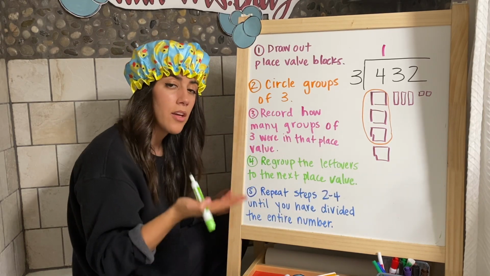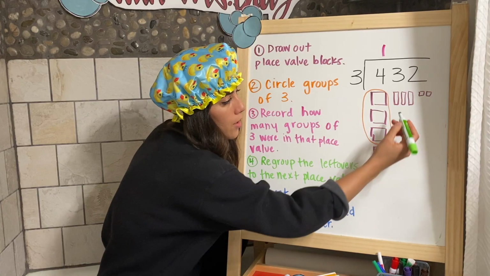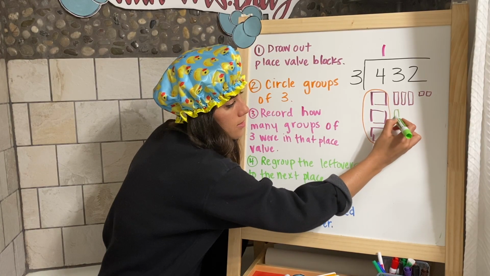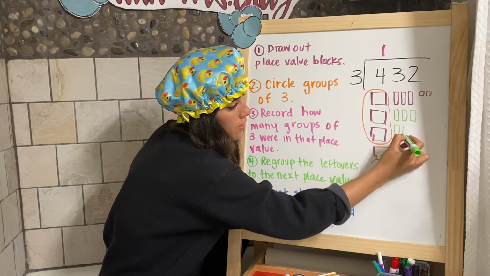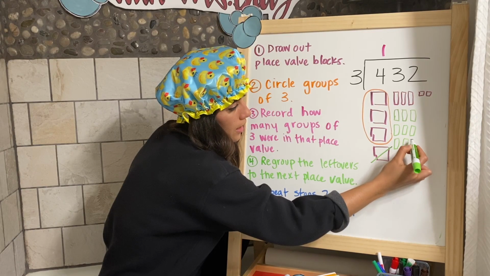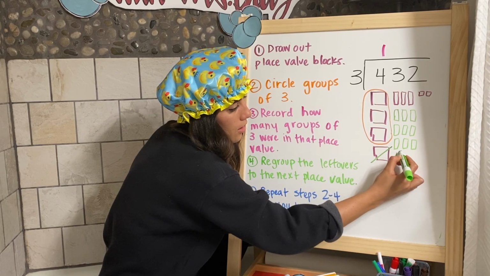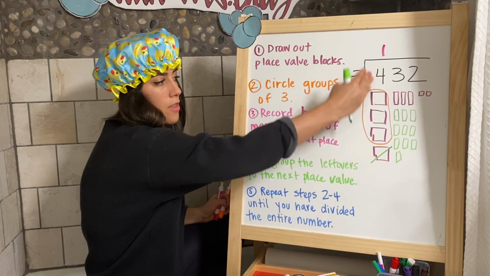How many blocks of 10 are in 100? 10. So I'm going to cancel it out here and regroup it into this column. 10, 20, 30, 40, 50, 60, 70, 80, 90, 100. Okay, I've done 2, 3, and 4 for this first column.